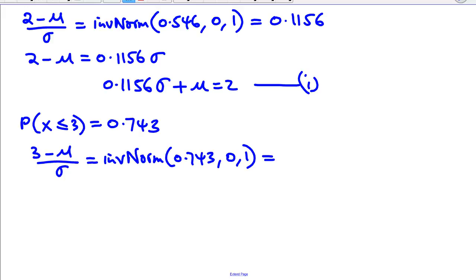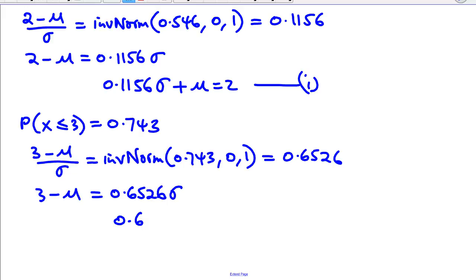If you plug that in a calculator, you'll get this value, same thing as what I did previously. So you'll have 3 minus the mean is equal to 0.6526 times the standard deviation, which can be written as, bring the mean to this side, and that will be equal to 3. This is our second equation.